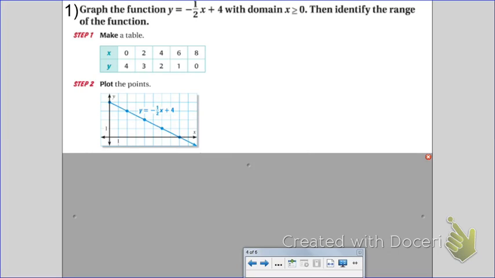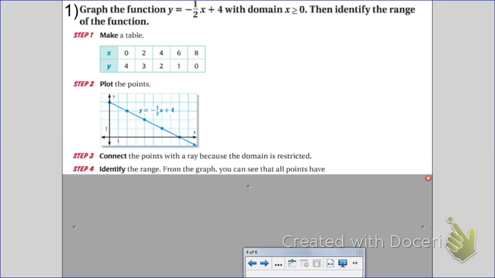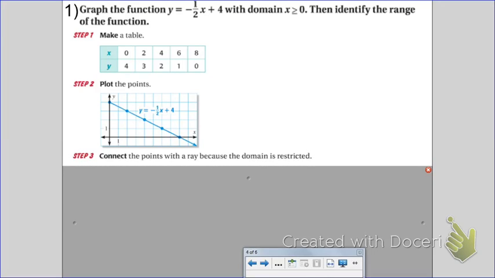So I plotted those 5 points. And you may start realizing that my graph looks a little bit different than normal. When I connected the dots, I connected the points with a ray because of that restricted domain. X isn't allowed to be less than 0, so I can't have any part of my graph on the left side of 0.